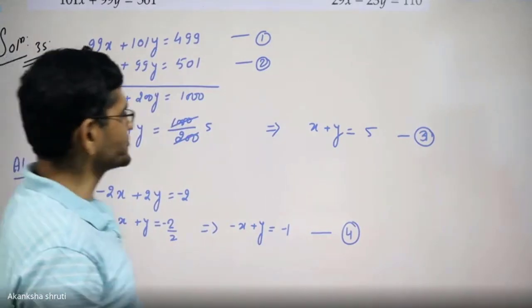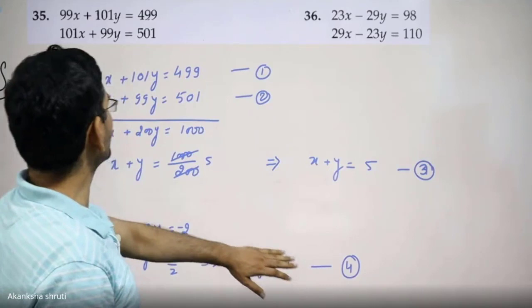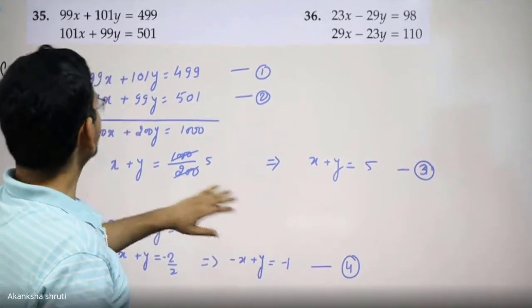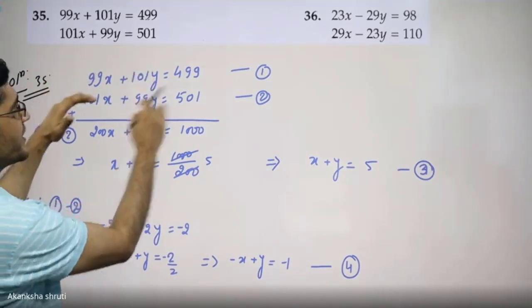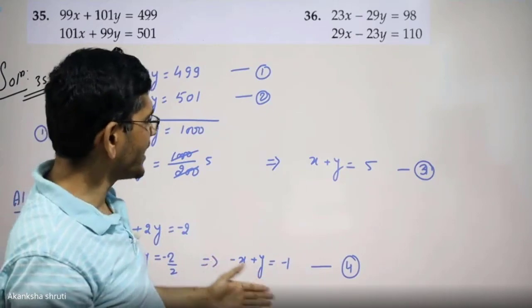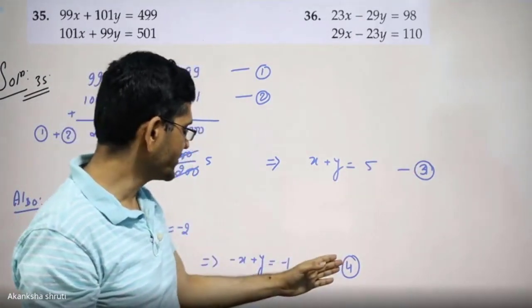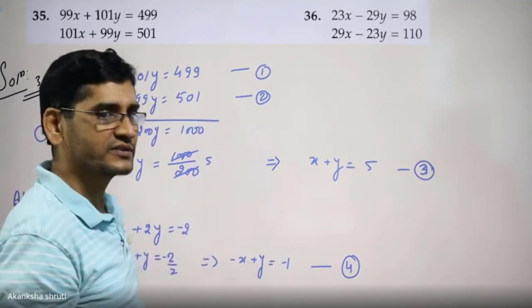Students, what we are observing? These two equations, equation 3 and 4, are nothing but the mathematical operation of equation 1 and 2. Means whatever the value that satisfies equation 3 and 4 will also satisfy 1 and 2. That is the simple thing.